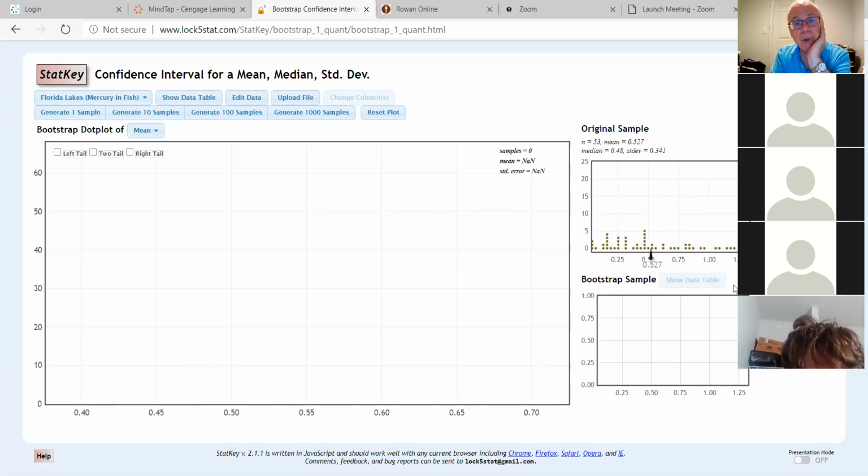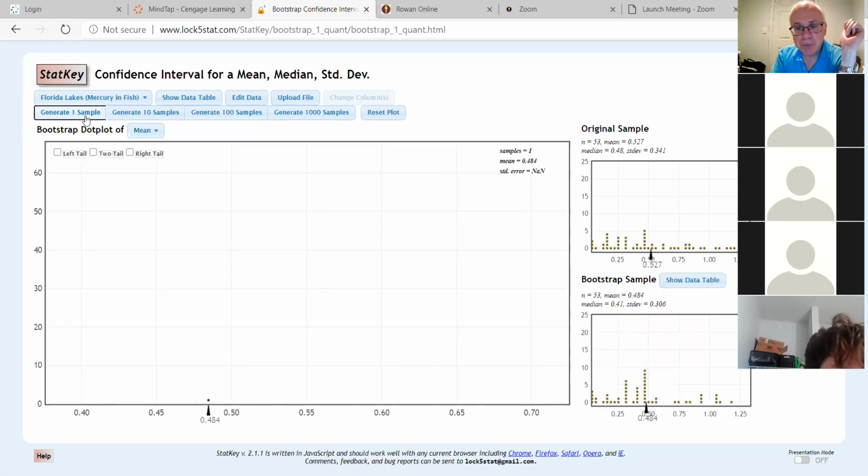We're going to sample from these 53 fish with replacement, which means we could reuse that same fish again. It's possible that there might be repetitions of these values, and some fish will not show up in a bootstrap sample.